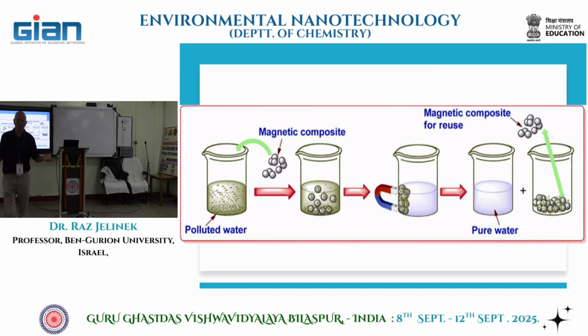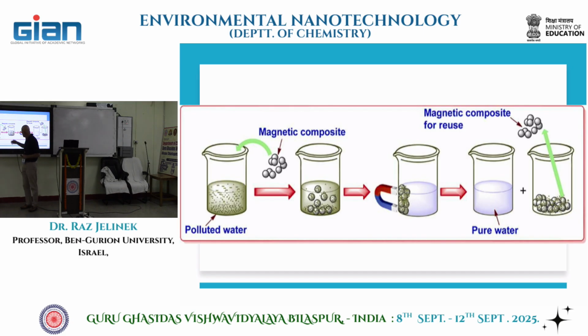Very simple. What we see here is actually a very simple way to clean water. Because what do we do? Let's say we have polluted water, water with lots of bad molecules, bad particles, whatever. Then we take and put magnetic nanoparticles inside this water.